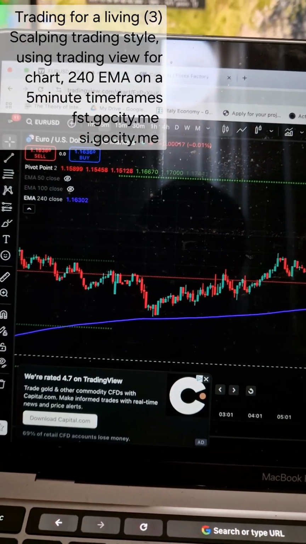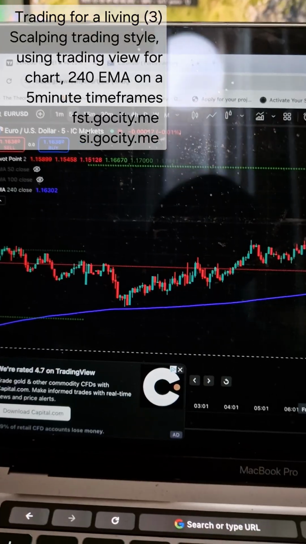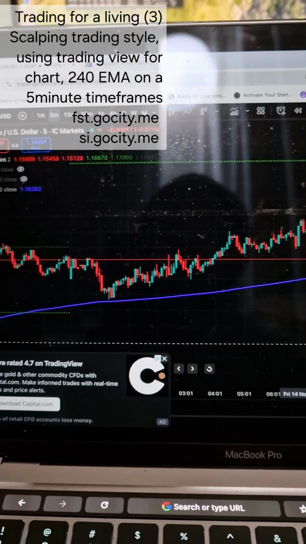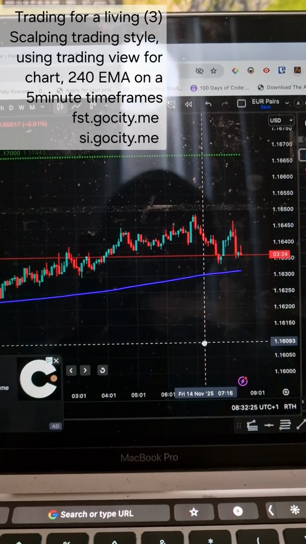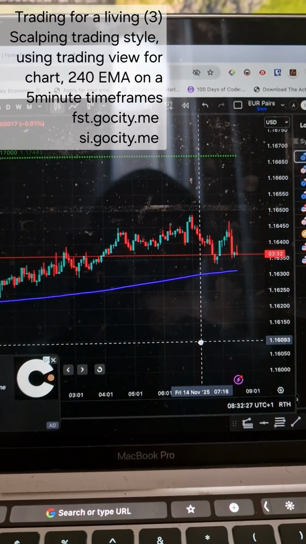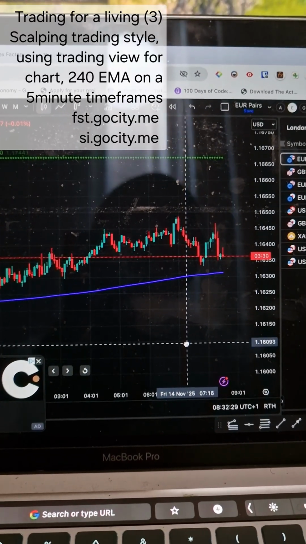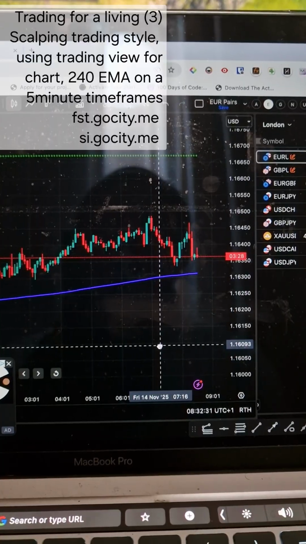I recommend that using the 240 EMA as our stop loss during this scalping is appropriate and okay.